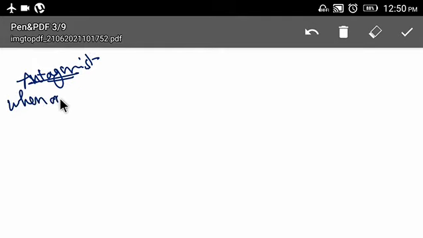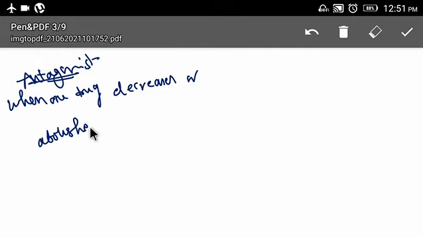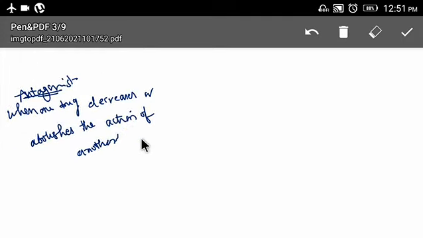When one drug decreases or abolishes the action of another, this is what is called antagonism. That means A plus B is less than the action of A plus B. This is how we represent it in the form of a formula.